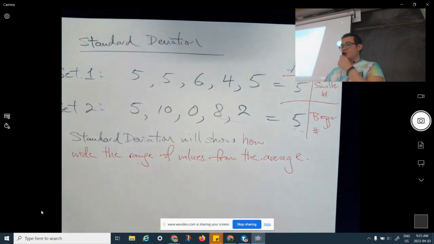So standard deviation shows to other people how wide your values within your sample are from your averages. It's one of the calculations a lot of biology teachers use. Okay, so that's why I want to show you guys that.